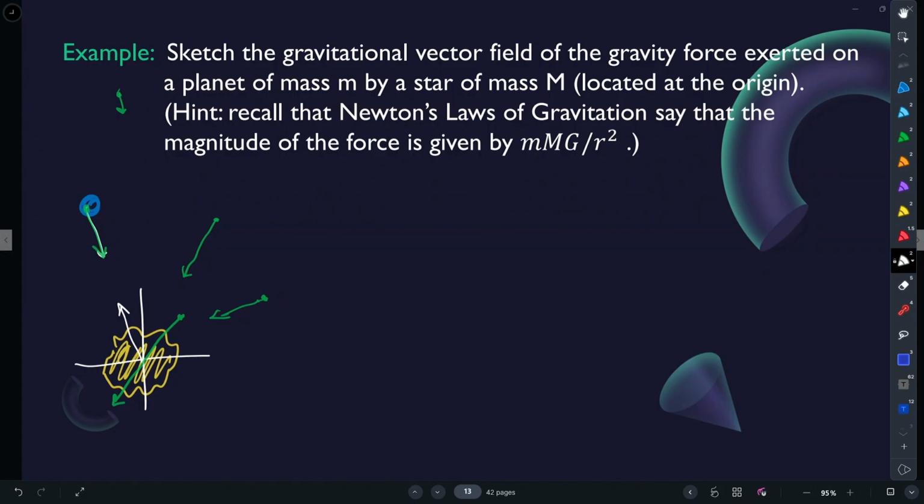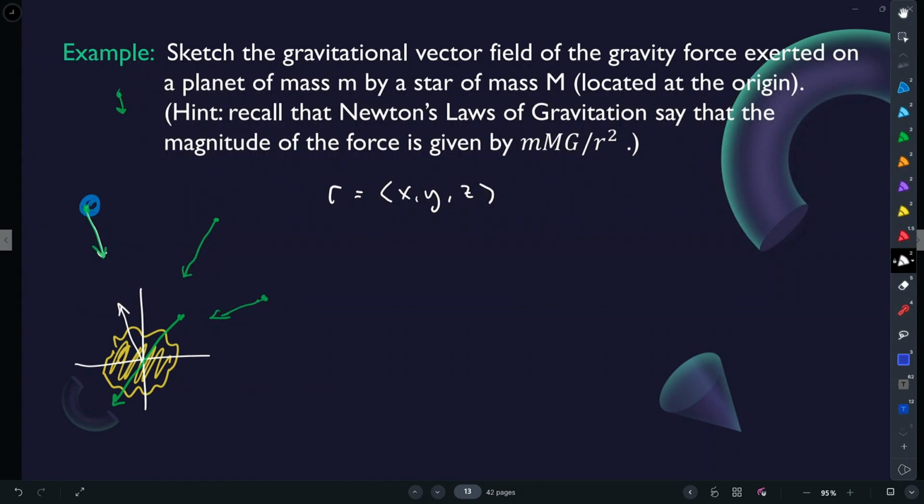So what is this force? It's going to be a force pointing to the origin of that magnitude. So first of all, I have the position of my planet at x, y, z, let's say, and I want a unit vector in the direction of the origin, so that later I can scale it by the amount of force given by Newton's gravitational law.